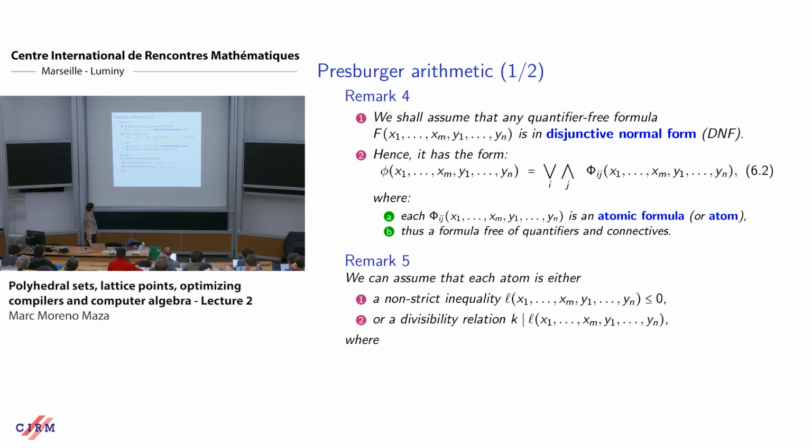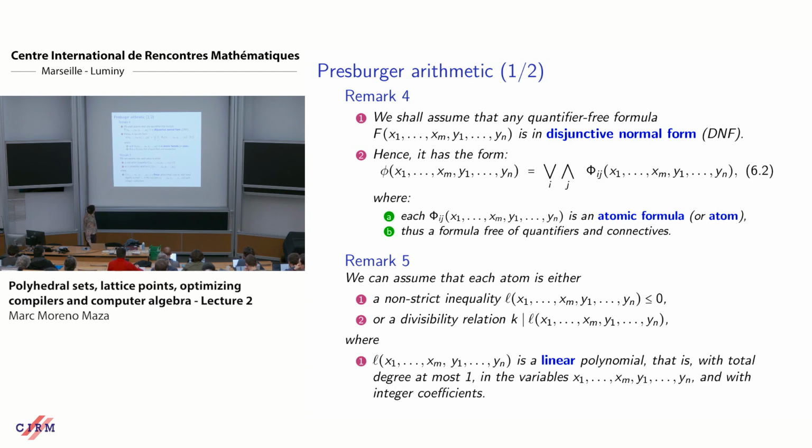For me, I will assume that these inequalities are non-strict, even though I will talk briefly about Cooper's algorithm, in which case they are strict. So in these atomic formulas, we have non-strict inequalities or divisibility relations of that form.